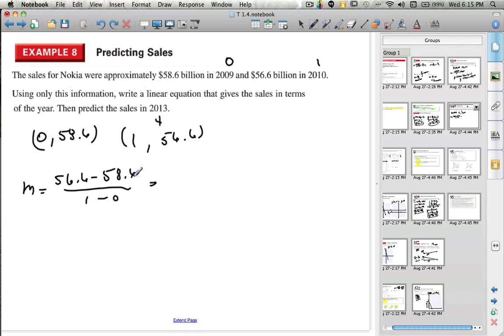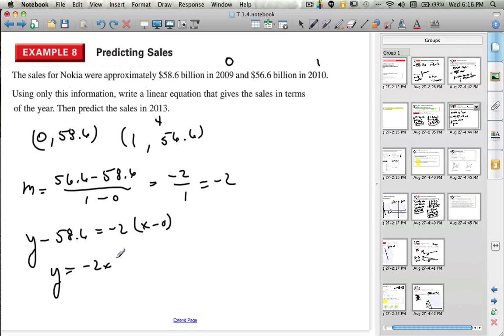Well, this is going to be negative 2 over 1, which is negative 2. That's nice. So my intimidating numbers are all gone. I'm going to again pick this first point: y minus 58.6 is equal to negative 2 times x minus 0. And when I add 58.6 to either side, y is equal to negative 2x plus 58.6.